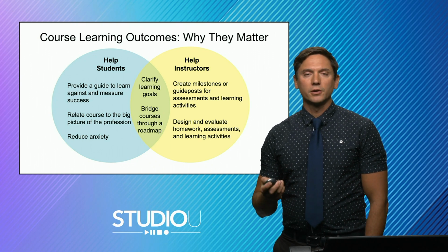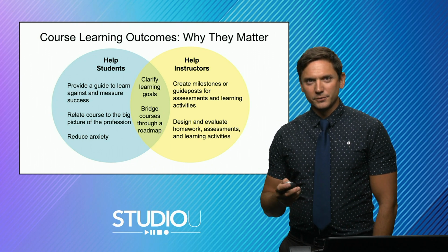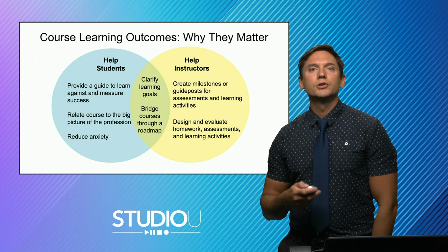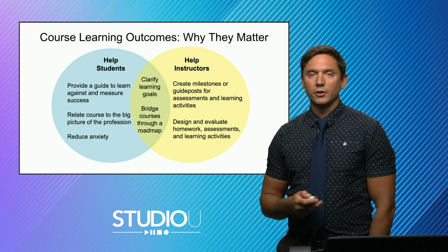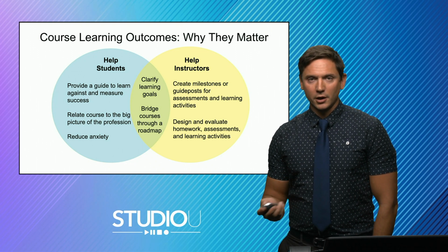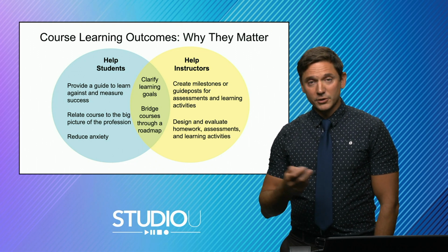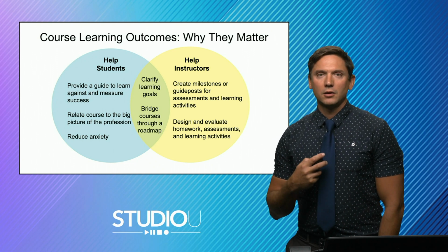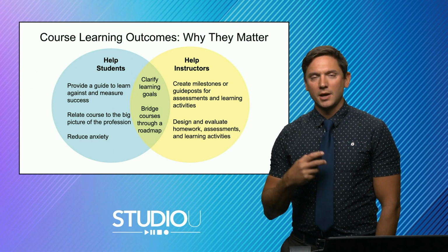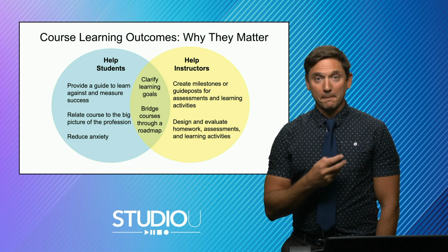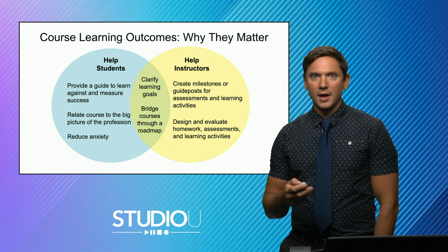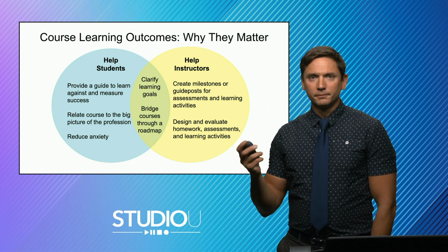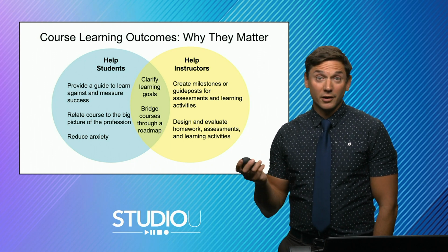So for example, student learning outcomes, when they're written correctly, can reduce anxiety for students. A colleague mentioned to us that students said that having clear course learning outcomes gave them an ability to plan their course effectively and to manage their work in their other classes as well.